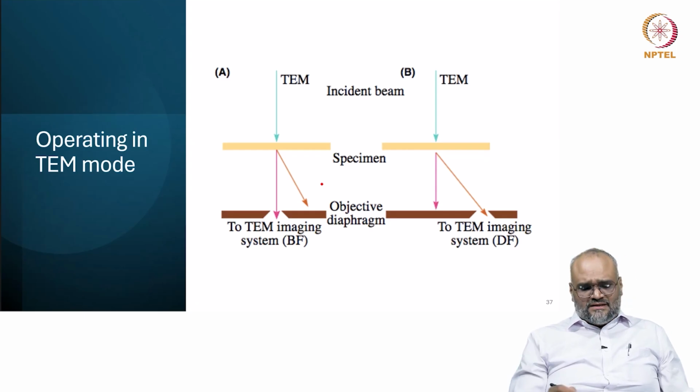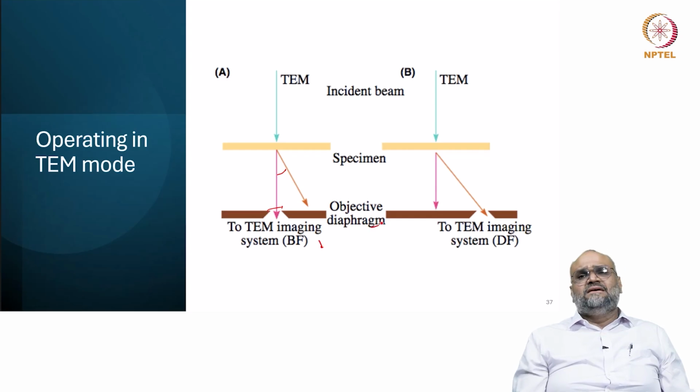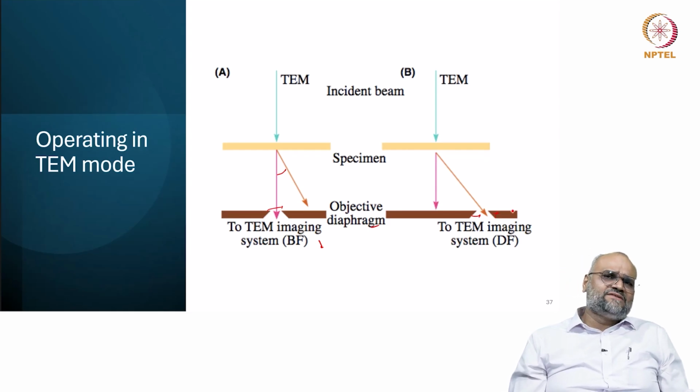Typically, when your angle of scattering satisfies the Bragg condition, which depends on the crystallinity of the specimen, by choosing the beams in and around the central beam, or the direct beam, you can improve the contrast by inserting a diaphragm, or the objective aperture, and by choosing the beam that is deviated at a specific angle of scatter as a consequence of the change in the diffraction conditions.